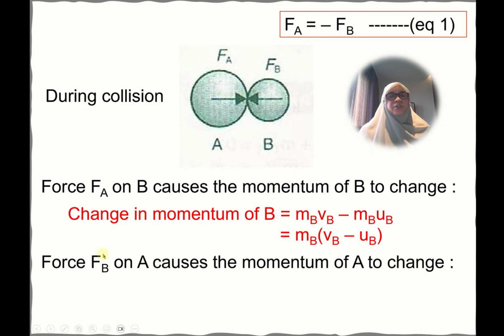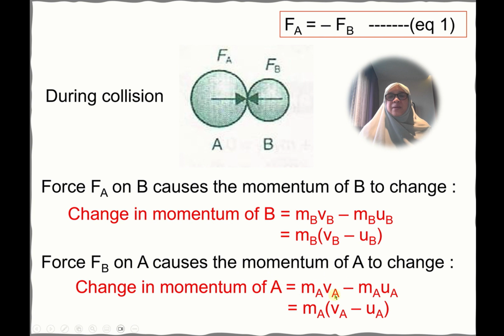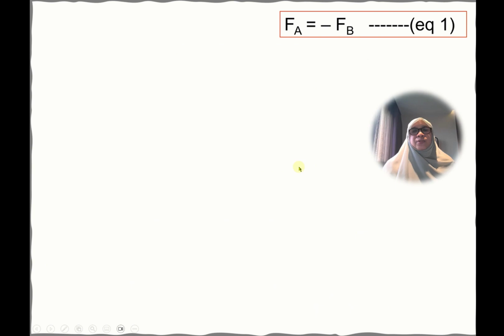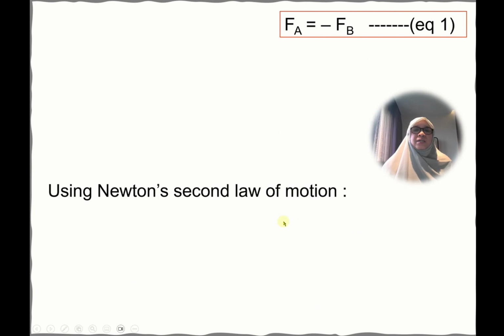The force of B on A causes the momentum of A to change. The change in momentum of A is final minus initial, so MAVA minus MAUA, and we factor out MA to get MA(VA minus UA).